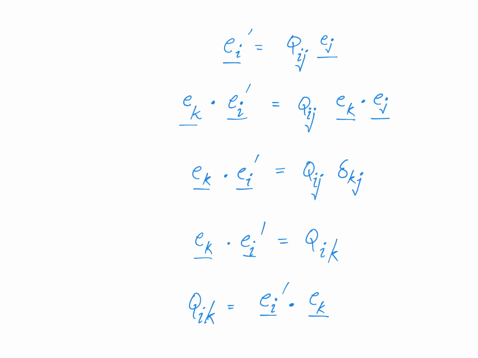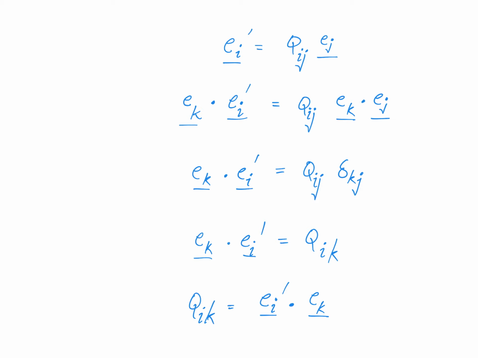So this was our definition, how we defined the new unit vectors. I'm telling you my new unit vectors are a function of the old unit vectors like this. I'm taking the dot product with a unit vector in the old coordinate system. Then I can write it like this. This is the Kronecker delta. Using the property of the Kronecker delta, I can replace this j with k.